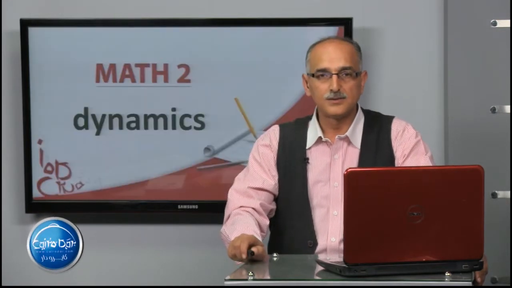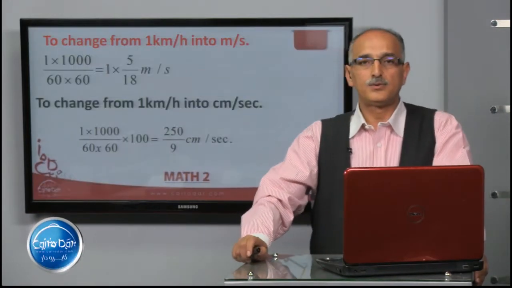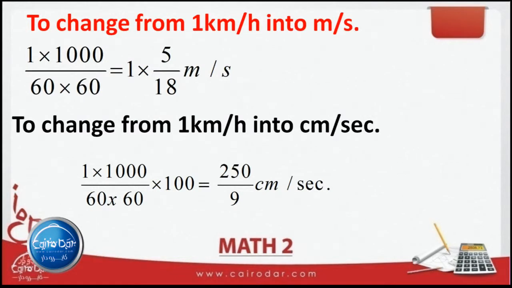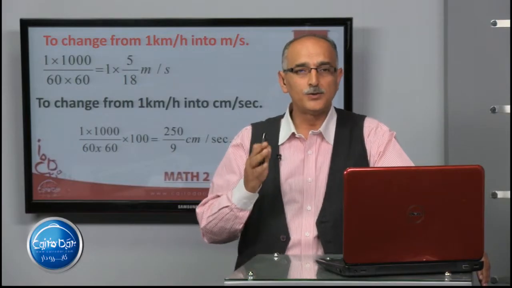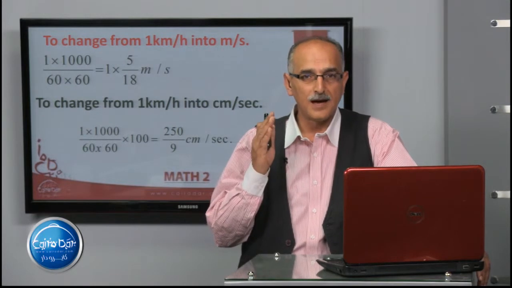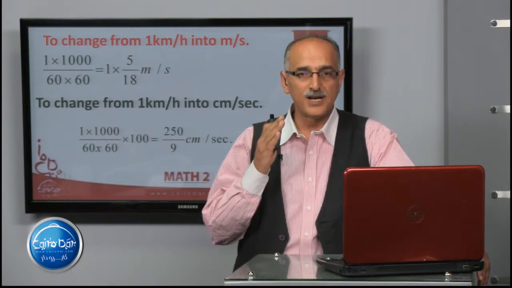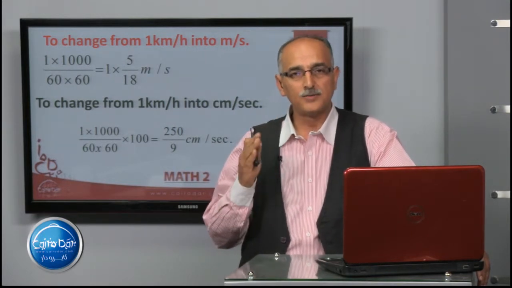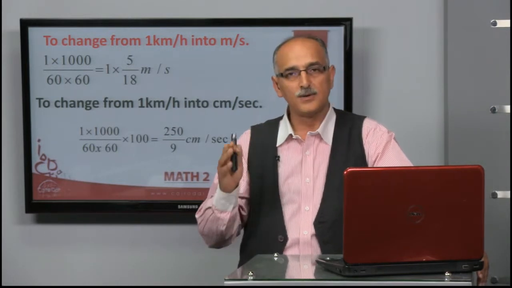So let us see how to change from kilometer per hour to meter per second. First of all, from kilometer to meter we multiply by 1000, and from hour to second we must change first from hour to minutes and from minutes to seconds.